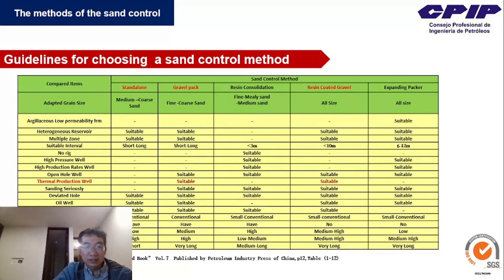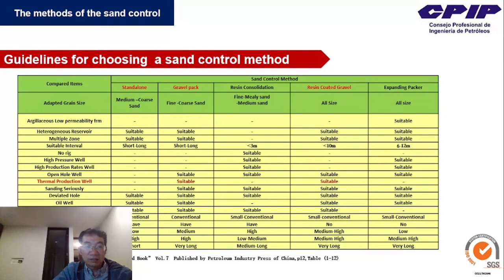And the success ratio: standalone is high, gravel packer is high, resin consolidation between low and medium, resin-coated gravel between medium and high, and expanding packer between medium and high.